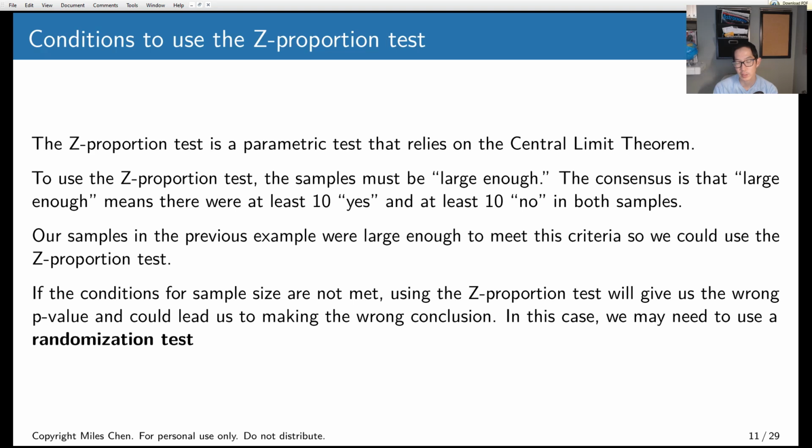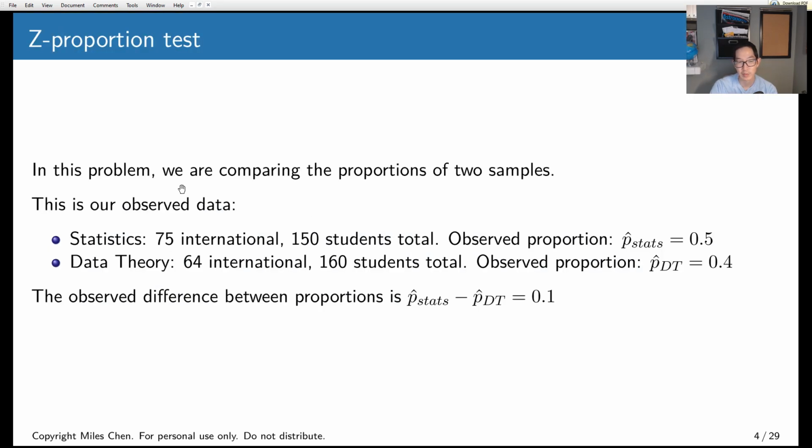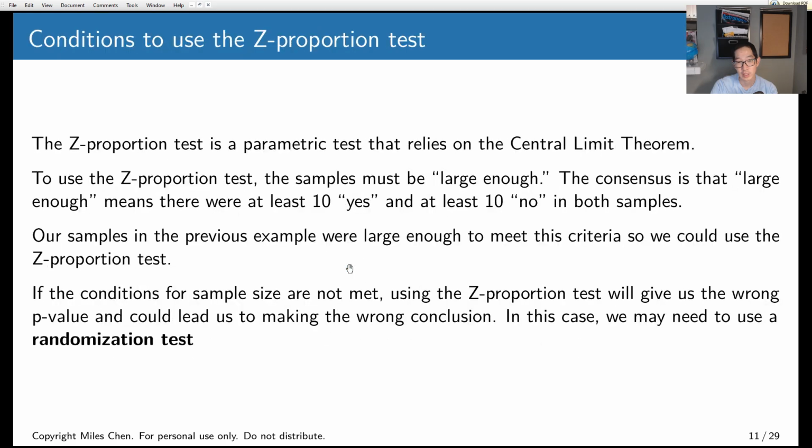In our previous example, we had more than that: 75 yes, 75 no, 64 yes, and 96 no. We had at least 10 yeses and 10 nos in each sample, so we could use the z-test. But if you don't have a big sample, then using the z-test could lead to the wrong value and the wrong conclusion. In cases like that, you'd want to use a randomization test.